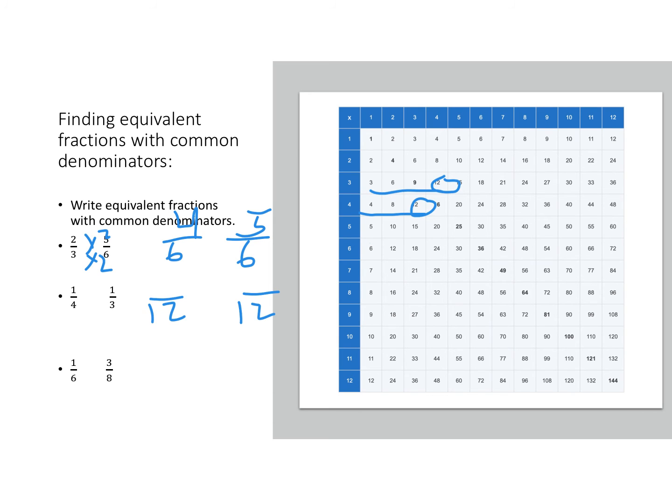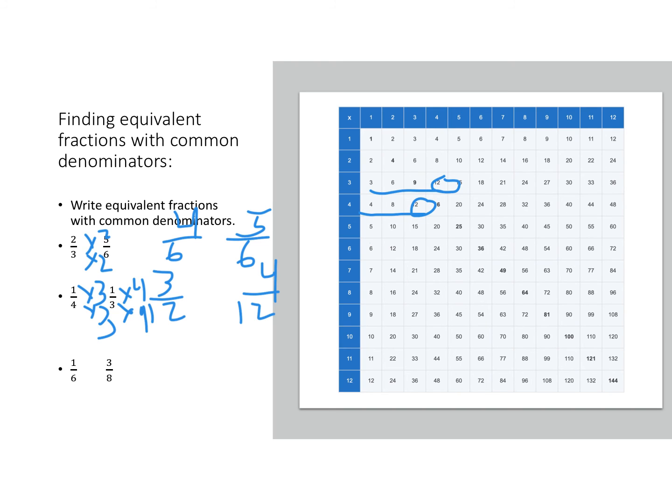So 1 times 3, because remember we're doing the same thing on bottom and top. So 1 times 3 is 3, and then we have to change the 3 into 12, so times 4 over 4, 1 times 4 is 4.